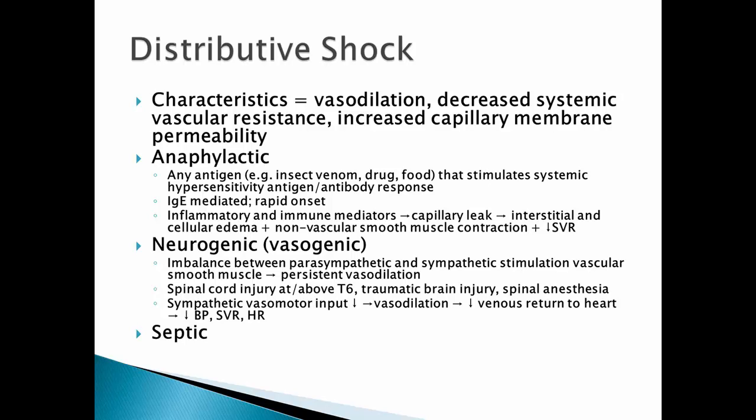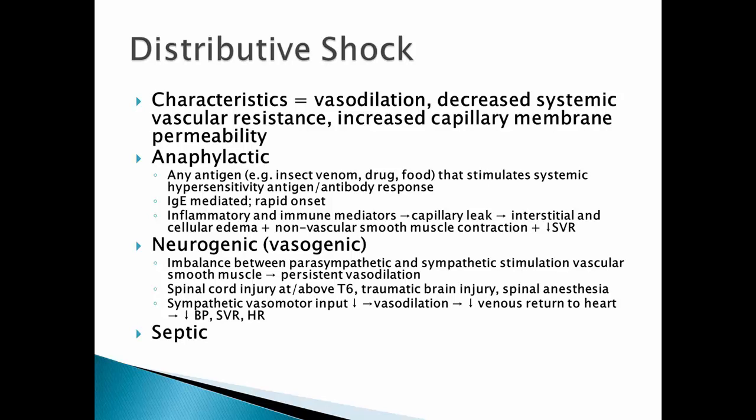So when we think about a neurogenic or a vasogenic shock, what's happened here is there has been a decrease in the sympathetic vasomotor input. So that has been decreased. Because of the decrease in the sympathetic input, there is vasodilation. That vasodilation then leads to decreased venous return to the heart.